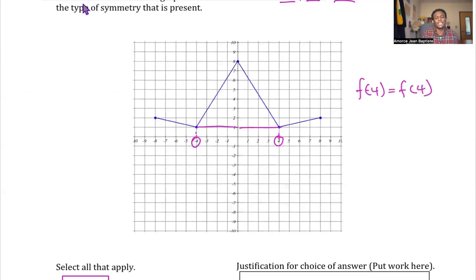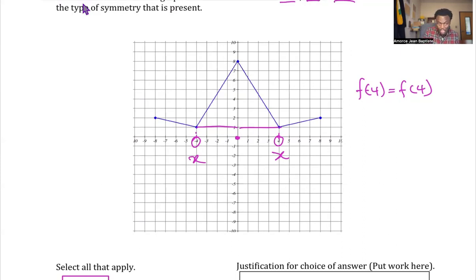But the reason we can tell that it's not symmetric with respect to the origin is because that's the origin here. If I take f of x, and if I take x equals 4, x equals -4, the distance from 0 is the same, but it's not on the opposite way, right?